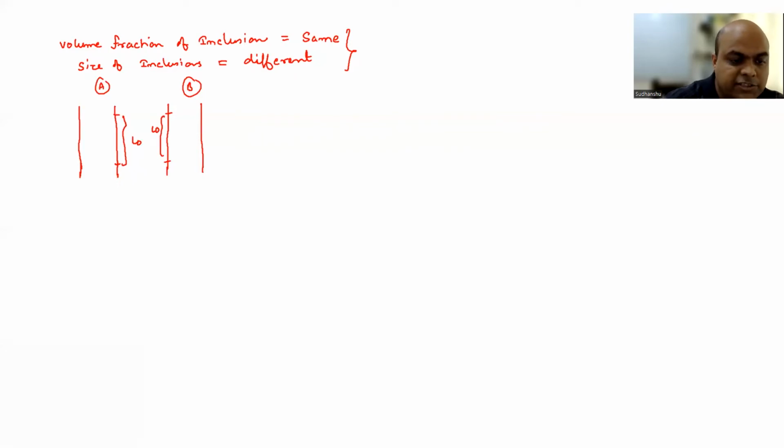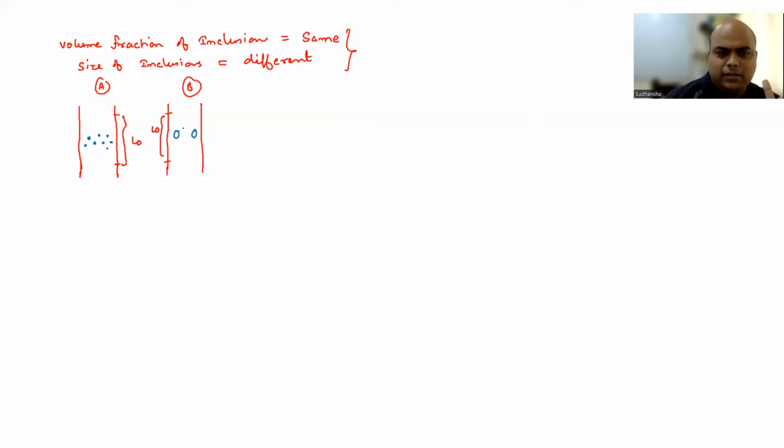Now I'm going to distribute the inclusions. So in A, you have more number of inclusions, but they are smaller size. In B, you have bigger size.